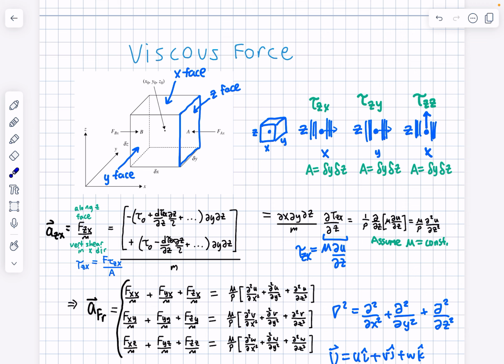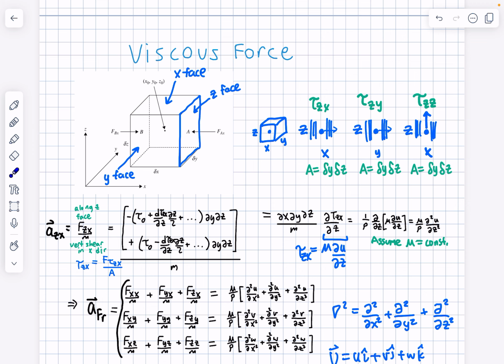So we have that tau along the z face in the x direction. So the z face will be this face here. And the way we define the faces is we say that if the z direction is this direction, the face parallel to it is this face. And then if you think the x direction kind of parallel to that motion is this face.